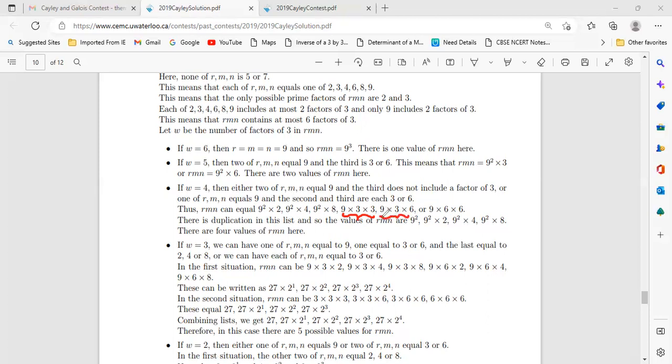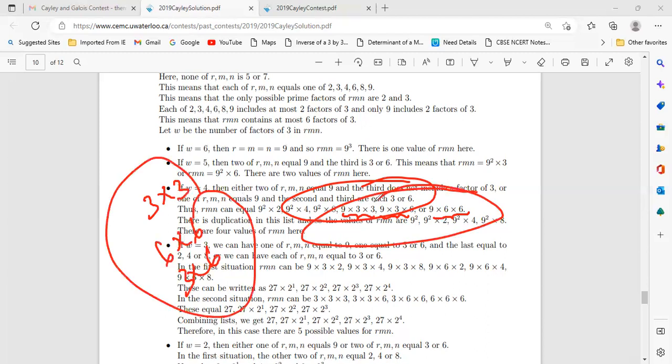And again here you have 9 into 3 into 6. And what if you have 9 into 6 into 6 also? Because we are not sure, the third are each 3 or 6. So it could be 3 into 3, 6 into 6, or 3 into 6. So you're just combining them all together, there are 4.